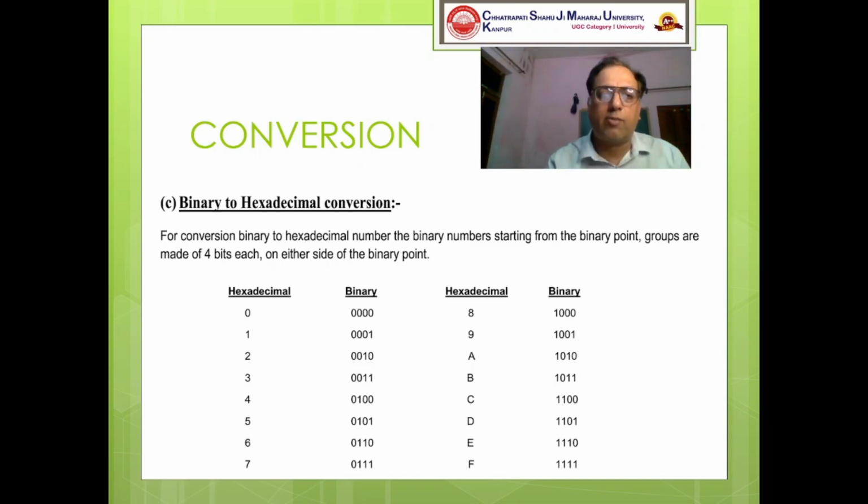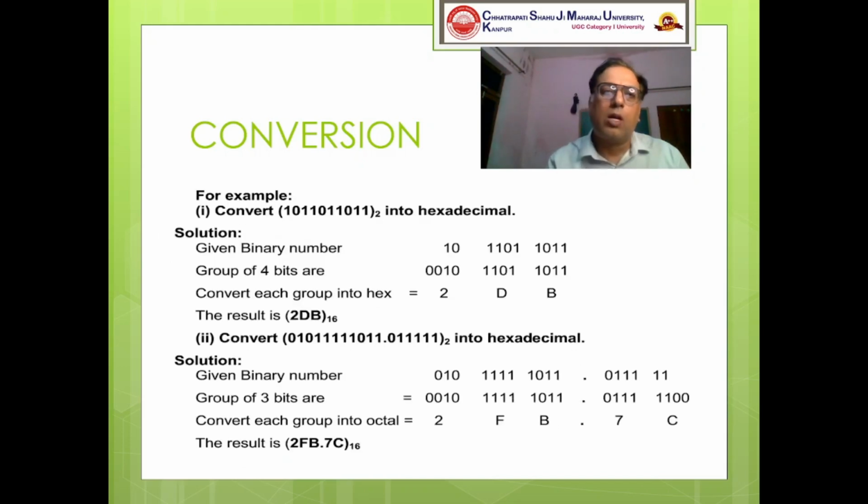Let us understand it by an example. Here we have to convert 1011011011, which is a binary number, into hexadecimal. I would like to start from the right hand side. I take 1011 as 4 bits, then again 1101 as another 4 bits.